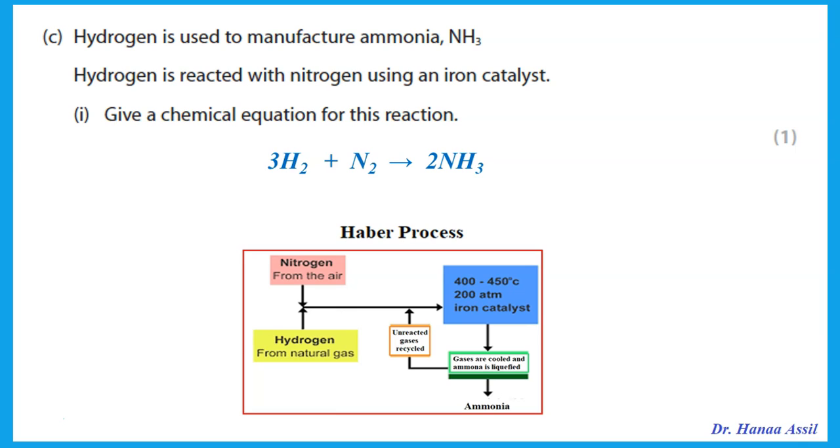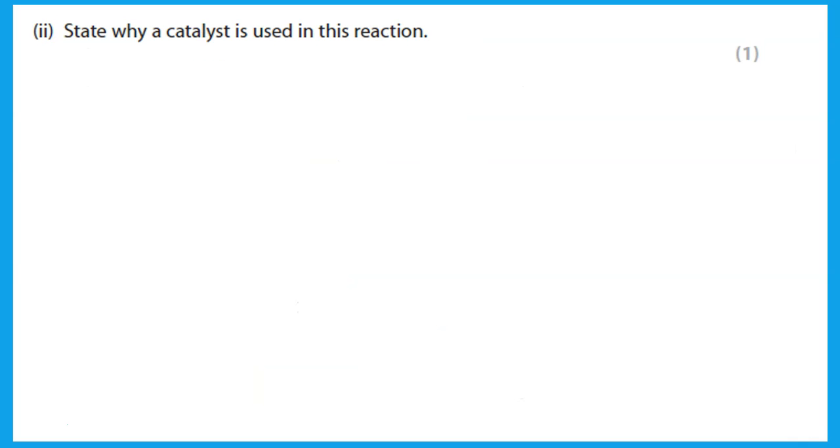When we react these, and notice the conditions, you're supposed to know the conditions of this reaction. We do this at about 450 degrees Celsius, 280 atm pressure, and we use iron as a catalyst. This gives ammonia that can be liquefied and separated from the mixture. So this is the Haber process.